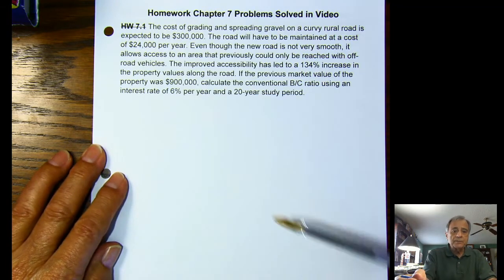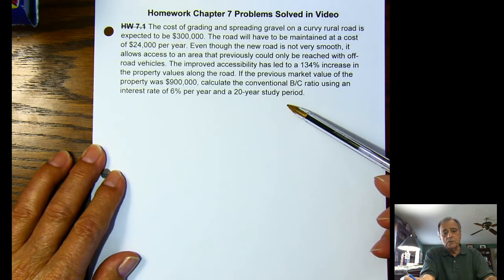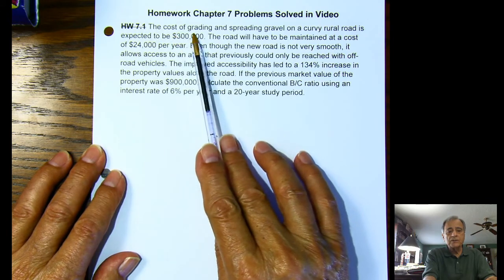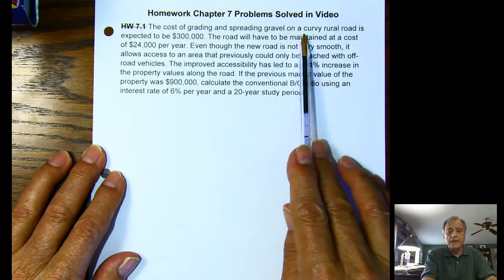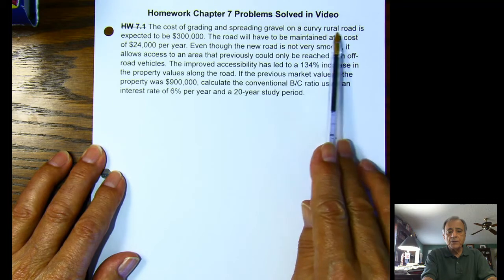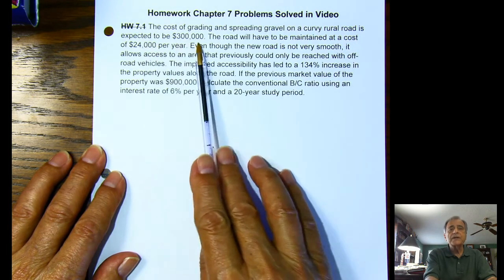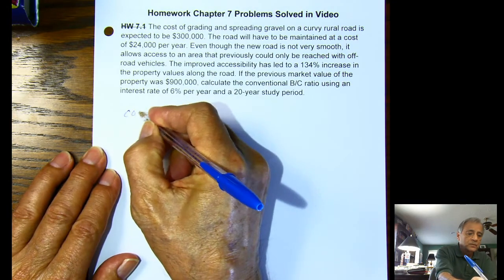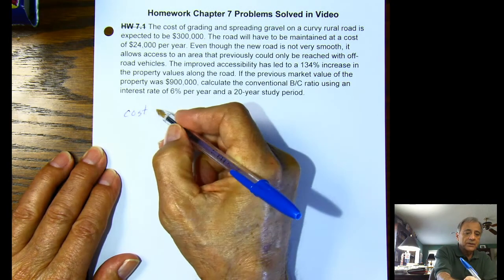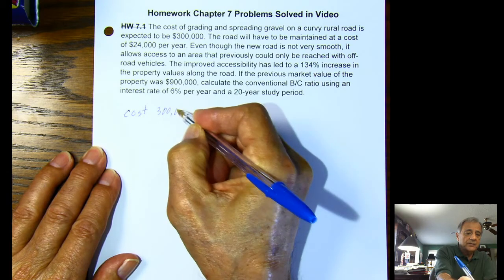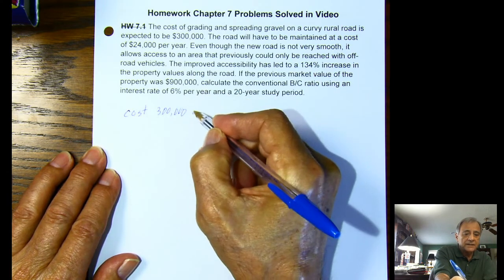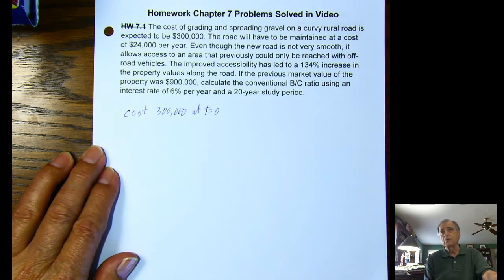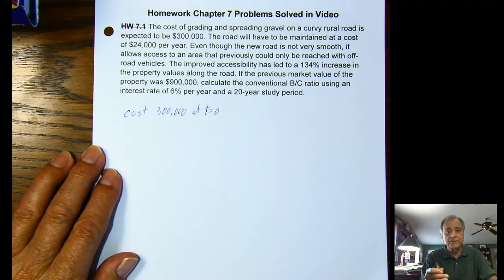So this problem was stated as follows. The cost of grading and spreading gravel on a curvy rural road is expected to be $300,000. So that's a cost, and basically that would be at t equals 0. Right now you have to spend the money to do that work if you want to get the benefits from it.